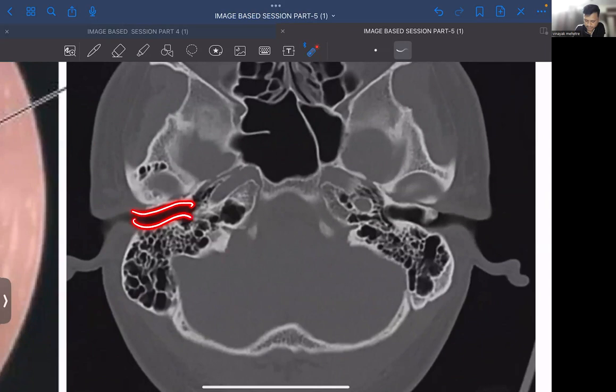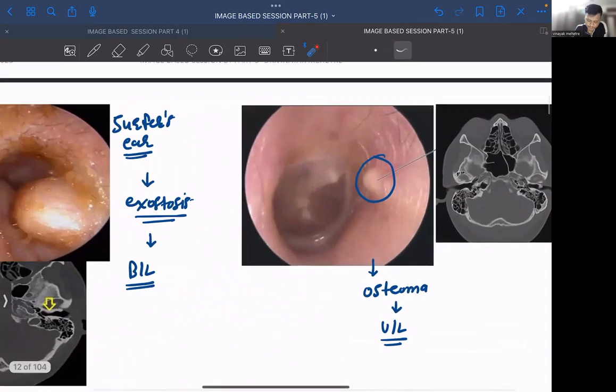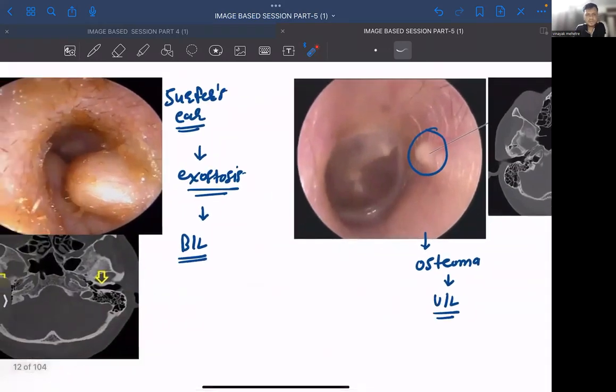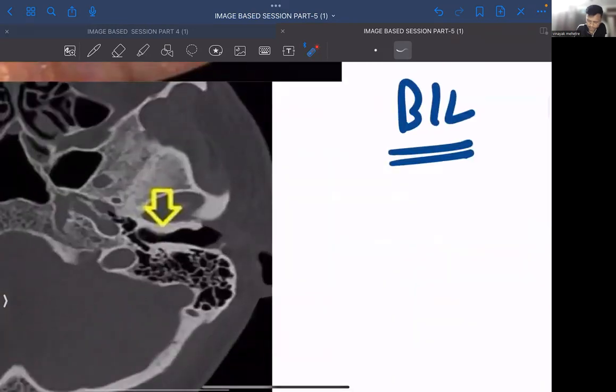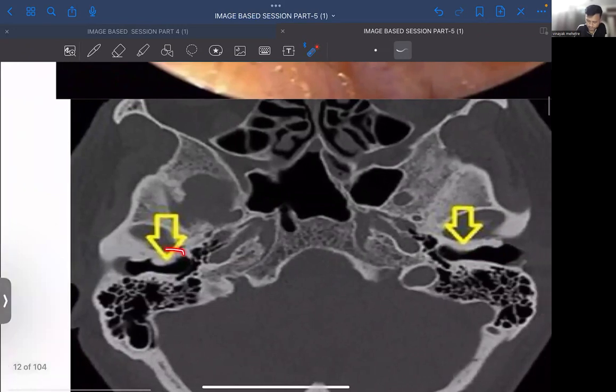This external auditory canal is clear, but over here there is only one single bony growth. Did you understand? If a CT comes, take a look. The external auditory canal has a growth in both ears.